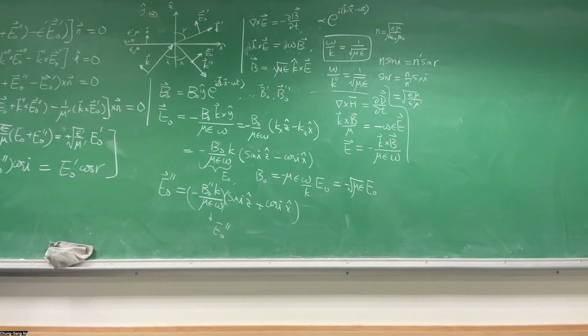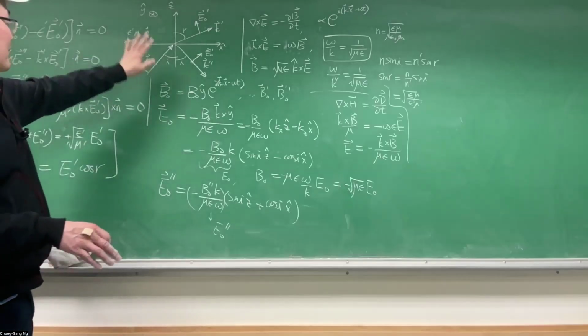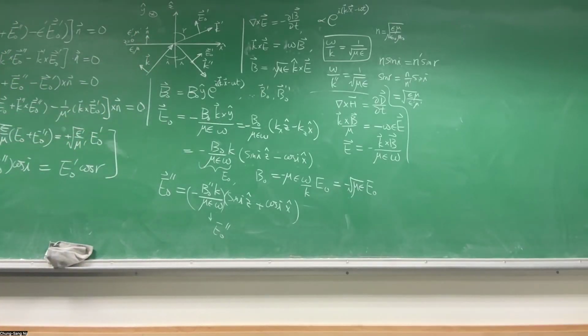And then following the same method, yeah, out of time, but this one I leave you as an exercise to get Jackson's 7.41. This is 7.41. E parallel to the plane of incidence, meaning E is in the plane. So you should recover 7.41 by this equation, just like what we did for the first case.